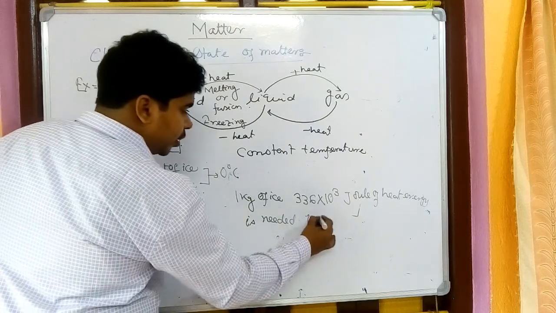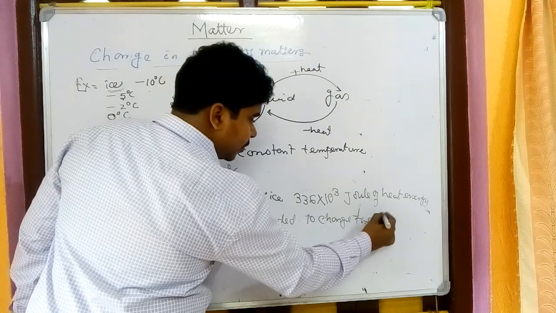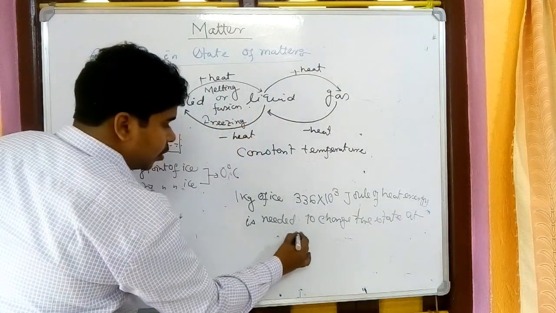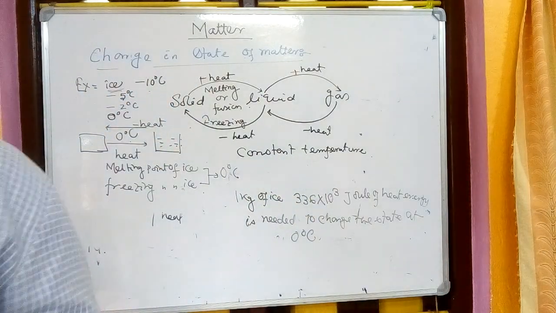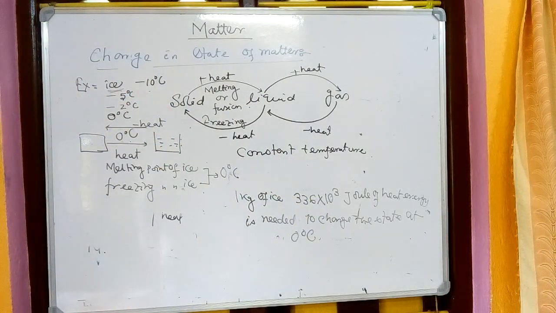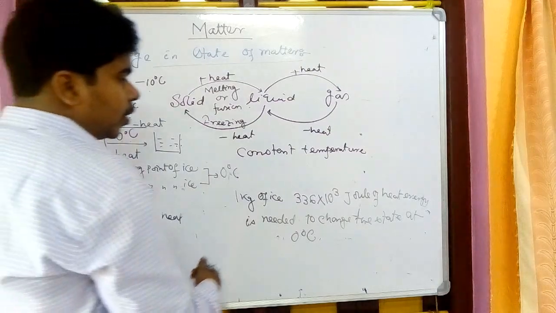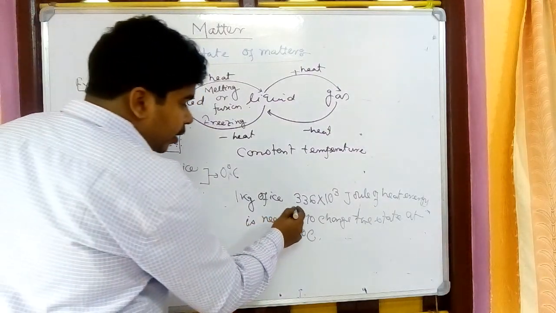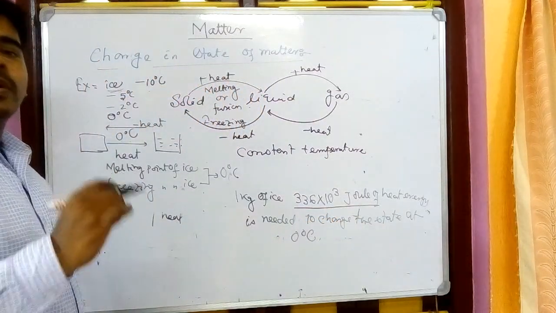to change the state at 0 degrees centigrade. Means the temperature is at 0 degrees centigrade and you have converted 1 kg of ice to water, you will need 336 into 10 to the power 3 joule of extra heat.